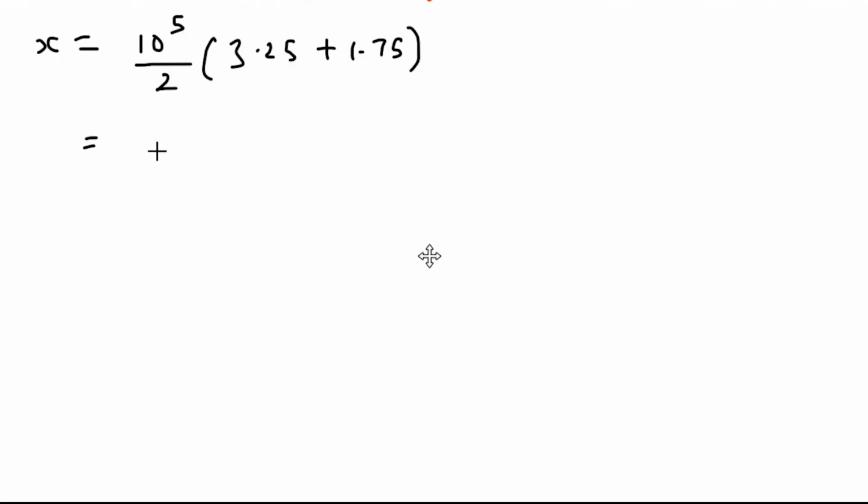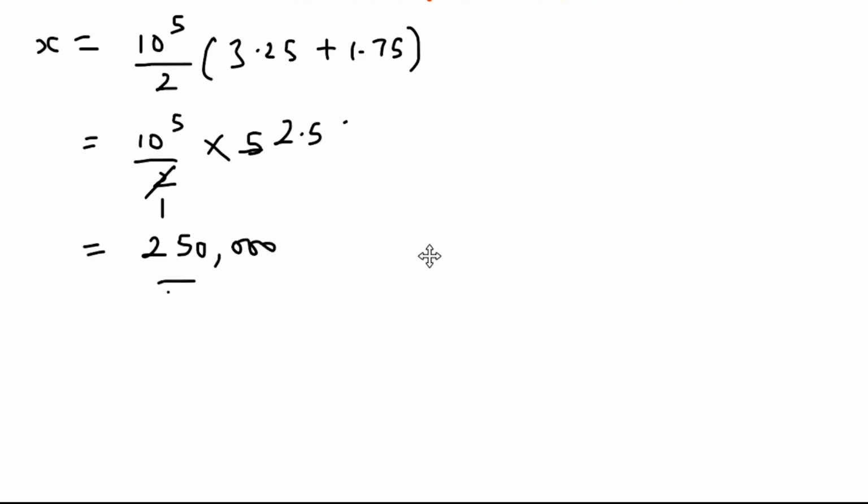If we use a positive, meaning if our x is equal to 10 to the power 5 over 2 into 3.25 plus 1.75, this gives us 10 to the power 5 over 2 times 5, and on dividing this becomes 2.5, and 2.5 times 10 to the power 5 is 250,000.